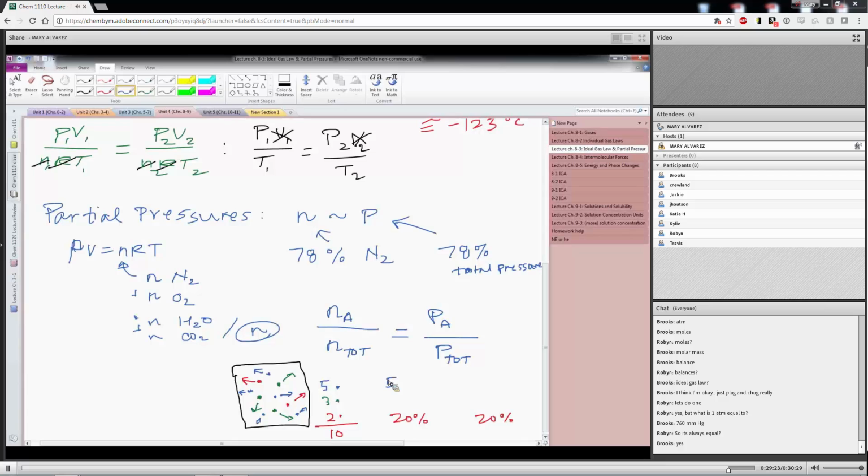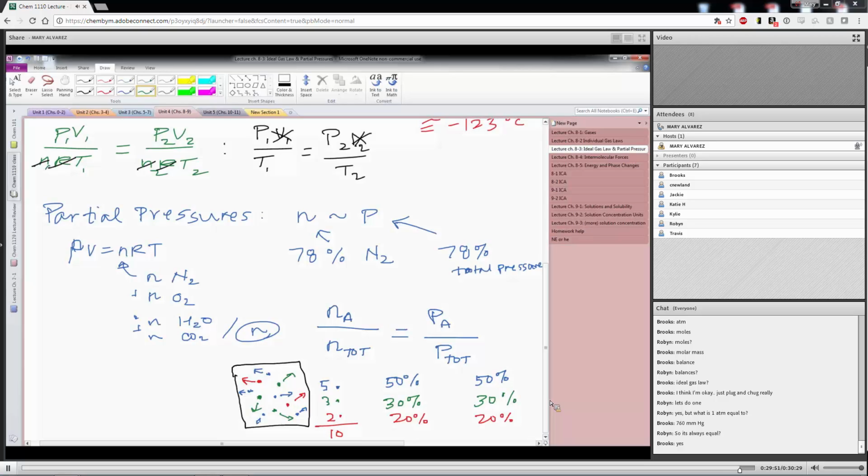And 50% of my particles are the blue particles. Therefore, 50% of the collisions, or 50% of the pressure that's felt, comes from those blue particles. And then 3 out of 10, or 30% of my particles, are green particles. Therefore, 30% of the collisions that are felt, or 30% of the pressure that is exerted in the container, come from my green particles. Excellent.